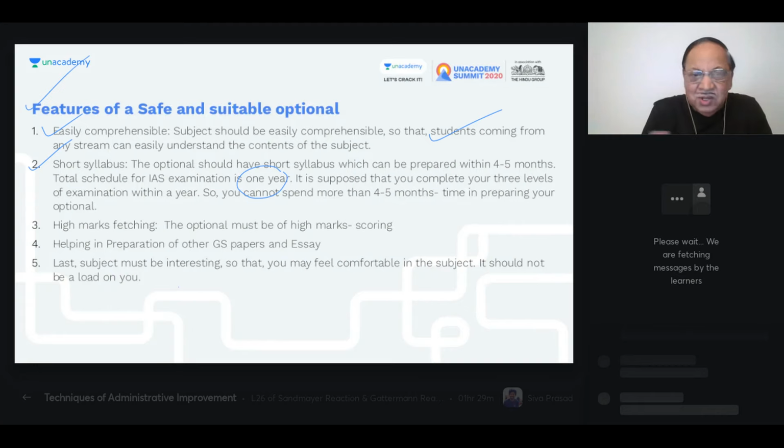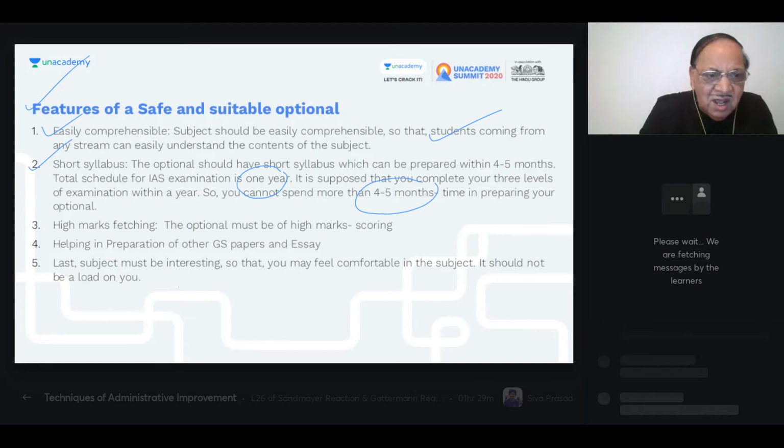So you cannot spend more than 4 to 5 months preparing your optional. Only an optional with a short syllabus can be prepared and completed within 4 to 5 months, and you can have full grip over it. So this is the second criterion of a most suitable optional for you.